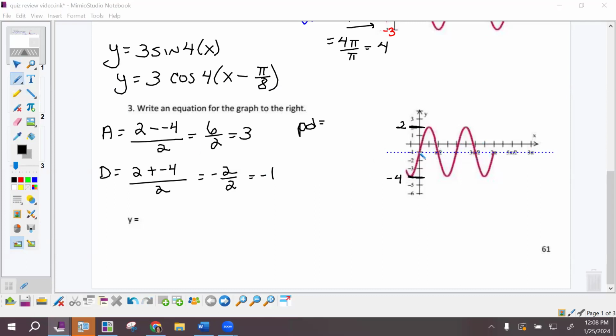I can see that the graph starts on the y-axis on the midline. So the period would be here. Oh, that's not labeled.